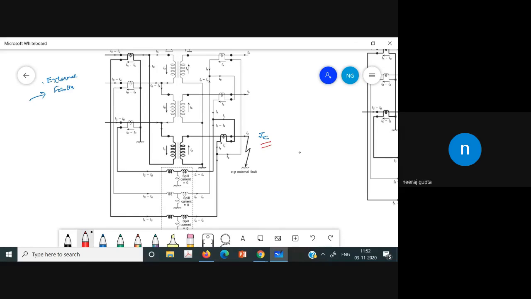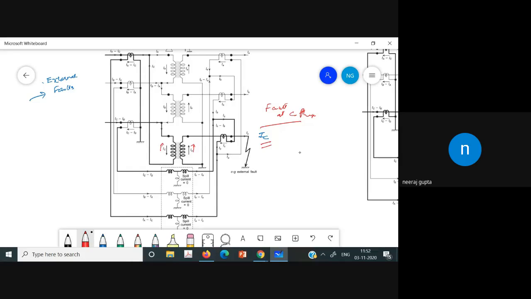So overall IC would be affected because we have the fault at C. Now, phase C. So since IC is there, it is reflected across the primary as well as the secondary, and the CTs on both the sides are also affected because of the increase in IC.